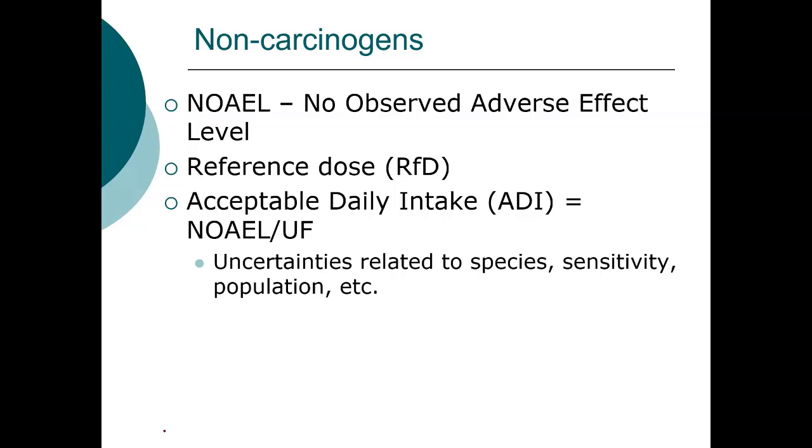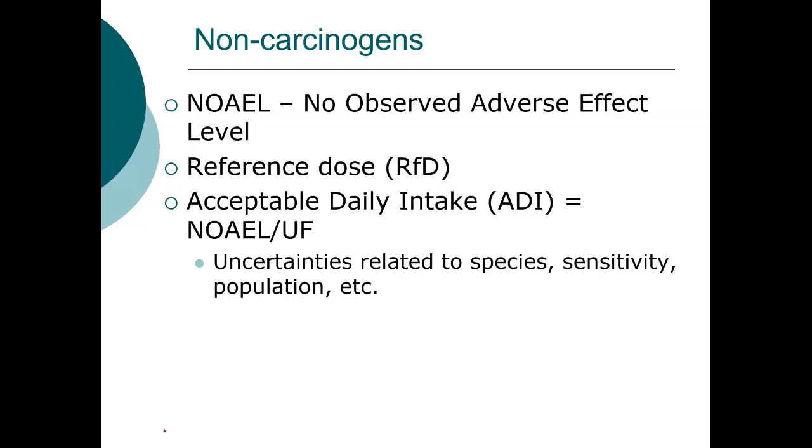And then the reference dose is an estimate with uncertainty, spanning perhaps about an order of magnitude of a daily, typically it'll be for oral exposure to a human population. And that includes the sensitive groups, because remember, here we're looking at environmental exposure that's likely not to result in appreciable risk of deleterious effects during a lifetime.